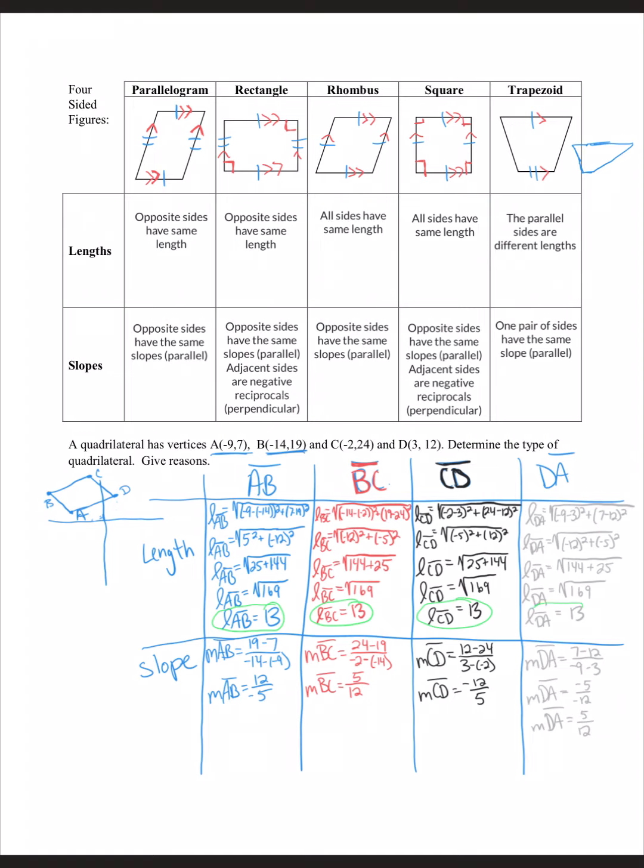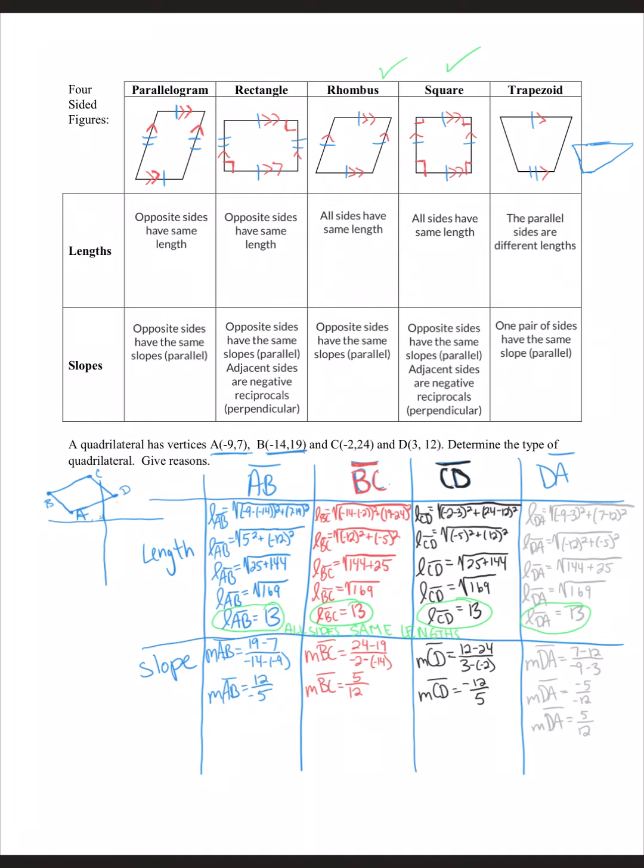So each of those side lengths looks to be 13, so same lengths. And maybe I'll just put here all sides. Okay, all sides are the same length. So if we know all sides have the same length, we only have two shapes up here that are like that. So we either have a rhombus or we have a square.